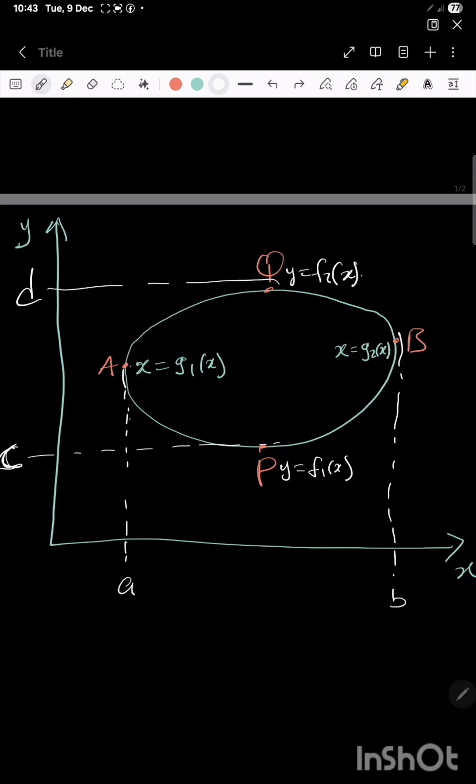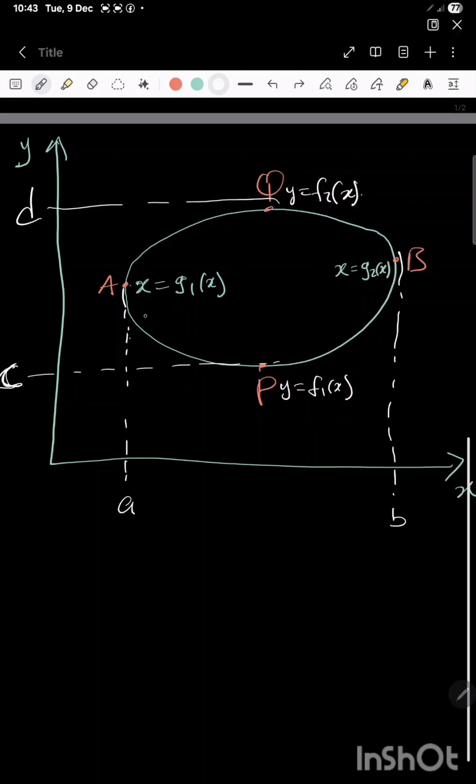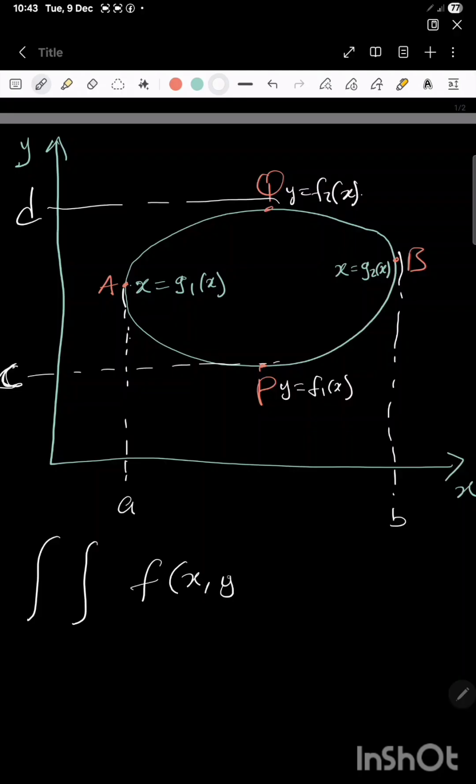So if we are integrating the area of this moving point from A to B, meaning that you are moving from point A to point B, we can say we are integrating that particle over a given function, which is a function of x, y, and we can take the order of integration to be dy dx. So we are taking the order of integrating a particle from A to B with respect to y and x, in that order.